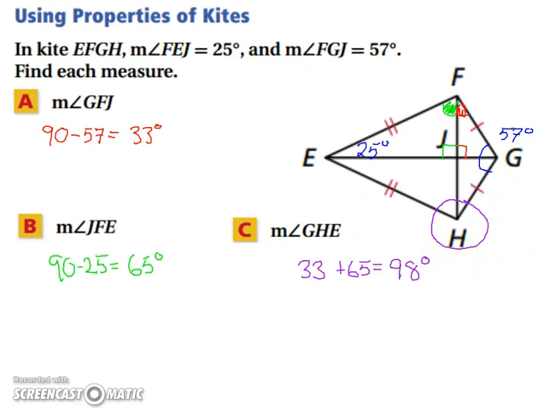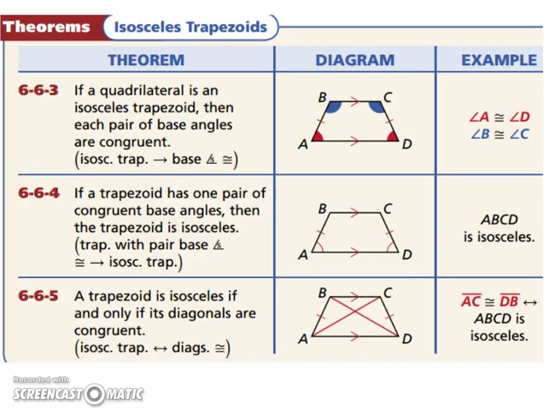Let's look at a few more theorems. If a quadrilateral is an isosceles trapezoid, then each pair of base angles are congruent. So our base angles are congruent. Angle A and angle D are congruent, and angle B and angle C are congruent.